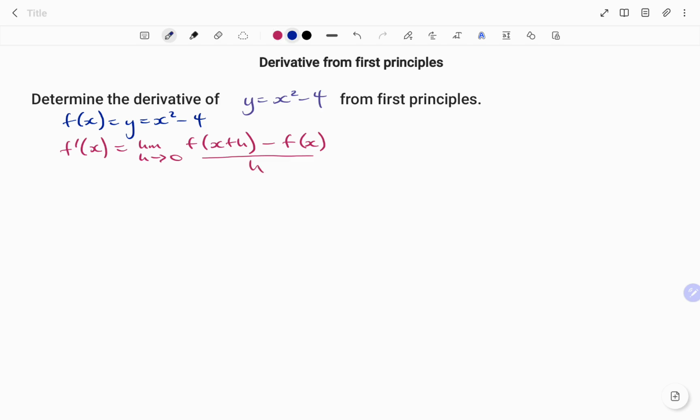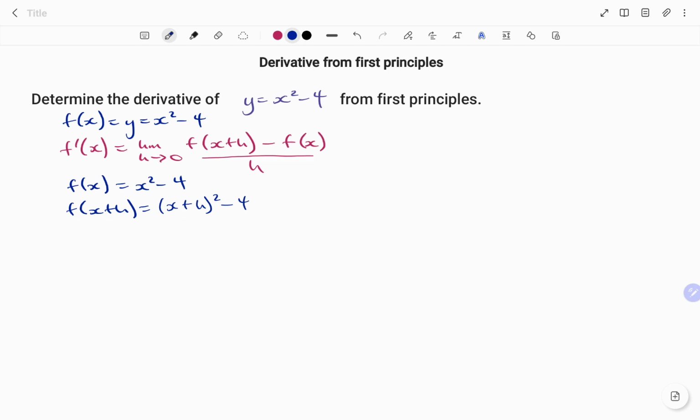Already we know f of x to be x squared minus 4. So our f of x plus h, wherever we have x, we're going to add h: (x plus h) all squared minus 4.